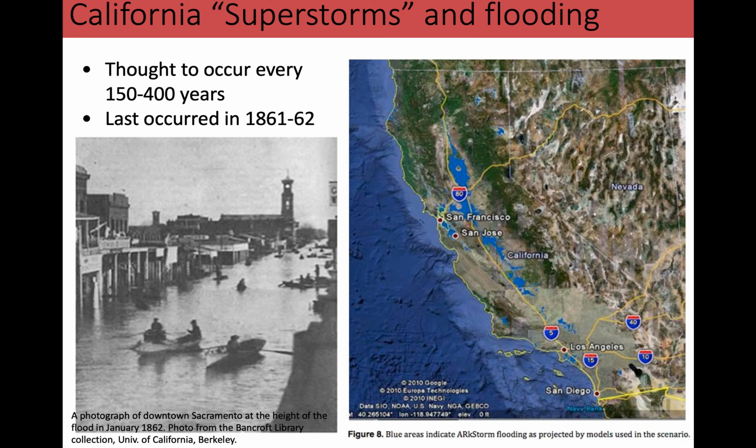And I wanted to show some real footage from what we call the California superstorms. California superstorms are where we have massive flooding in California. The last real occurrence of this, where it was as bad as it's been, was in the 1860s. These floods are thought to occur every 150 to 400 years, so they haven't occurred often enough for us to have a more specific date.